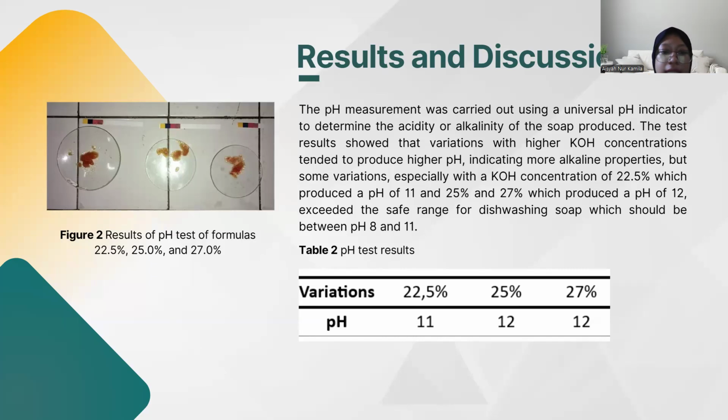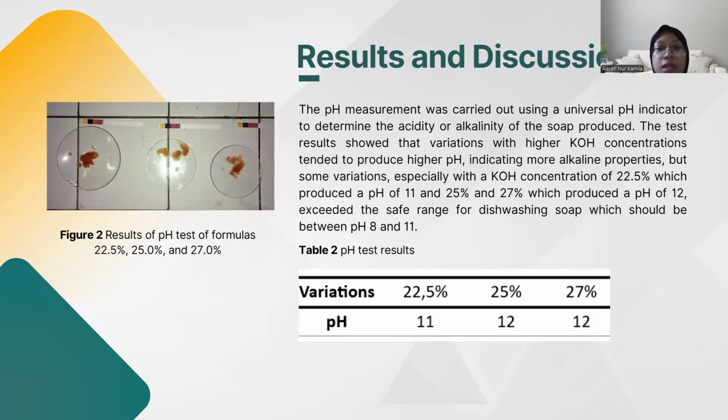Okay. pH testing of each soap variation shows a different result, shown in Table 2. pH test result. pH measurement is carried out using a universal pH indicator to determine the acidity or alkalinity level of the soap products.